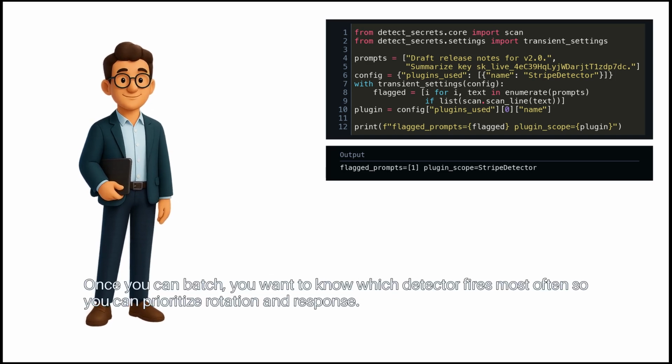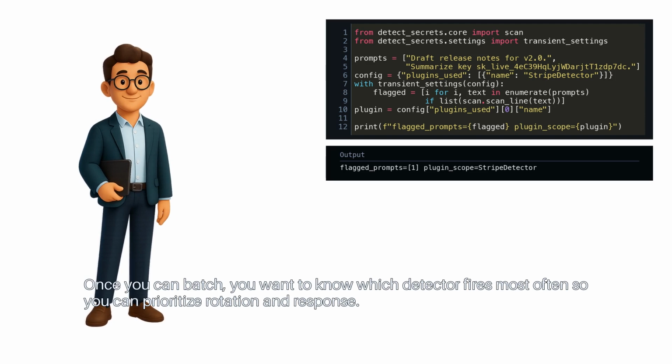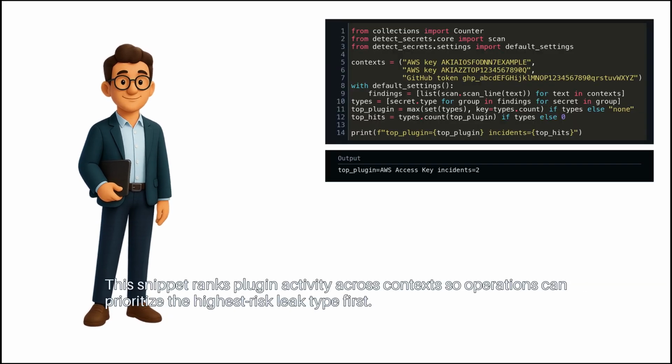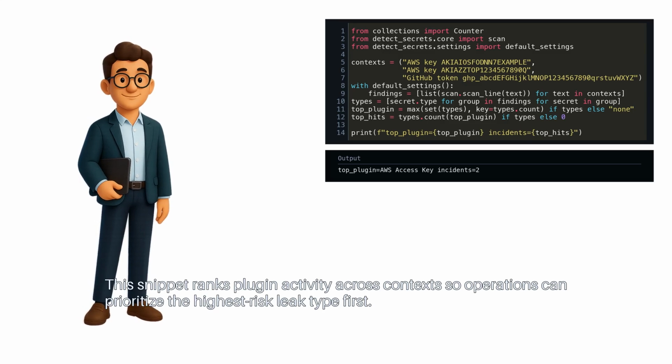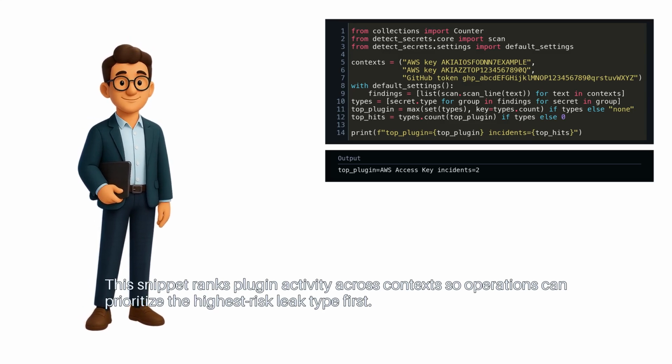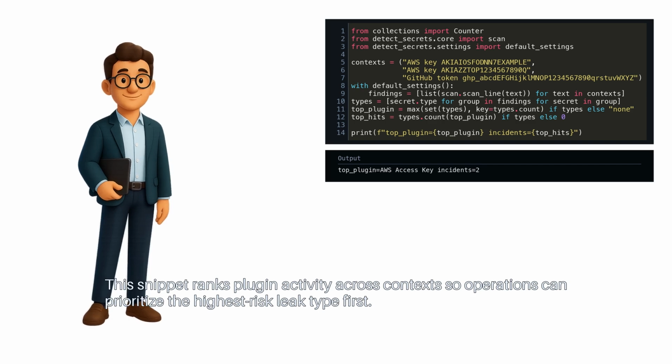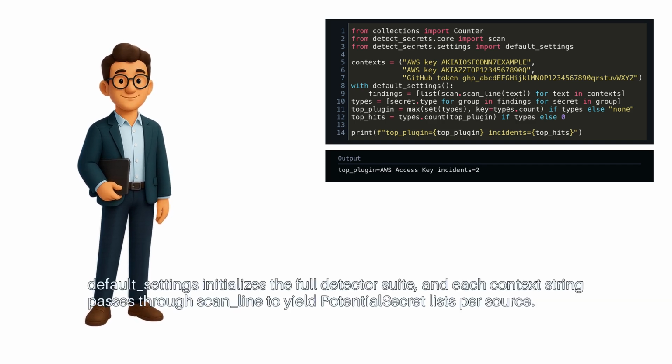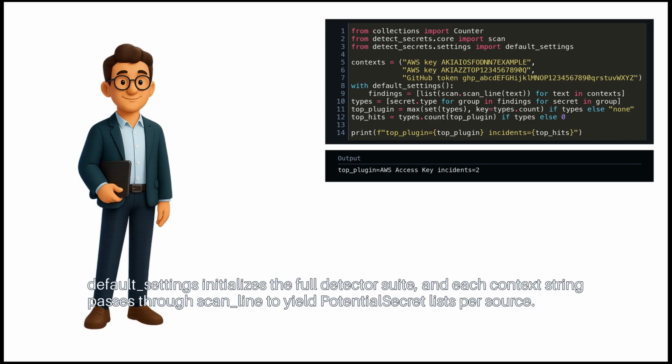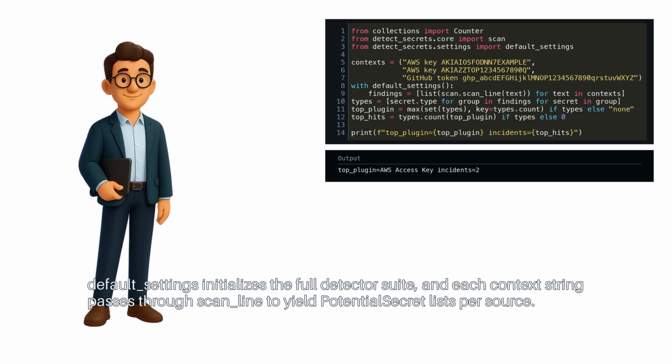Once you can batch, you want to know which detector fires most often, so you can prioritize rotation and response. This snippet ranks plugin activity across contexts, so operations can prioritize the highest risk leak type first. Default settings initializes the full detector suite, and each context string passes through scan_line to yield potential secret lists per source.